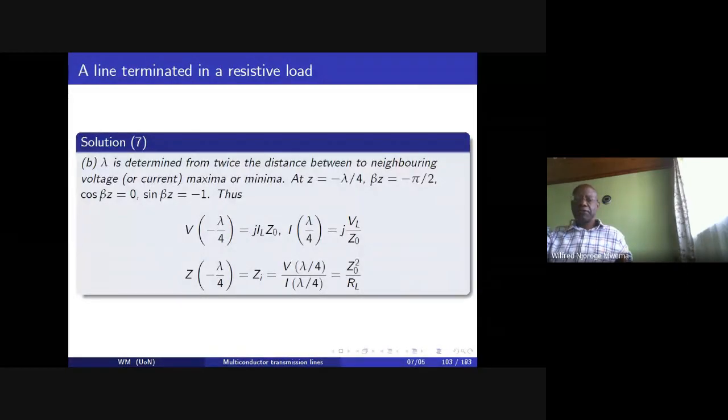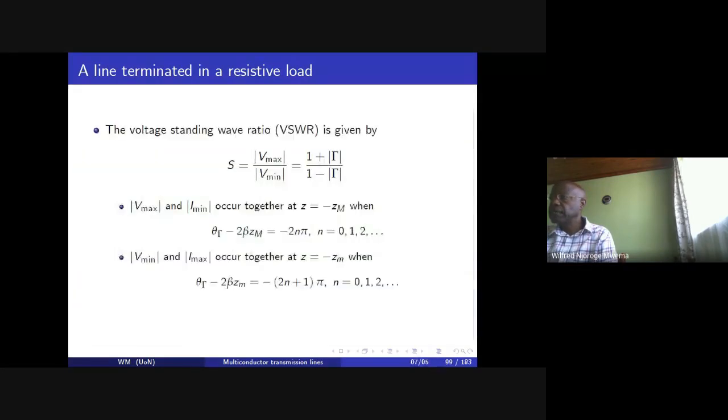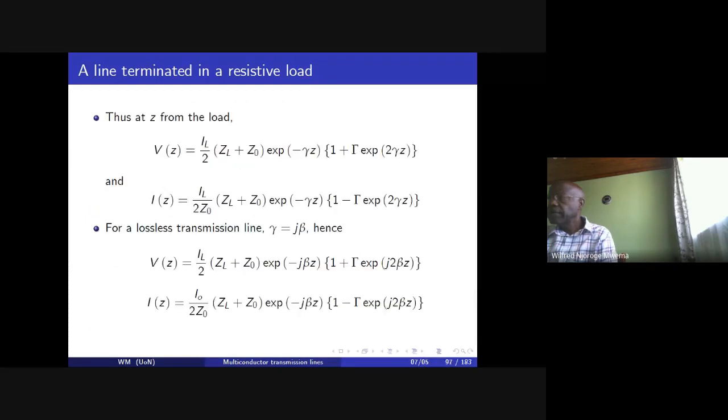If you look at the standing waves on the line, what we'll see is an undulating voltage that goes sinusoidally with Z. If you look at the expressions for the line voltages, we have twice beta Z. Because of this double, if you replace beta by twice pi by lambda, we'll see that that is going to be 4 pi by lambda.